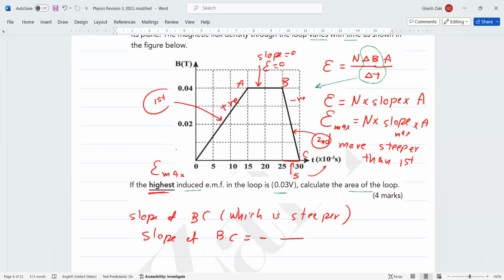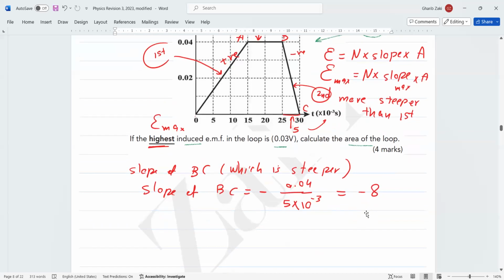The vertical change, which is 0.04, over the horizontal change, which is 5 multiply 10 to the power negative 6. We calculate this using a calculator: fraction 0.04 divided by 5 multiply 10 to the power negative 3 equals 8. So it's negative 8. The slope is negative 8.